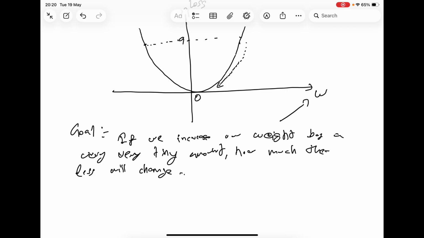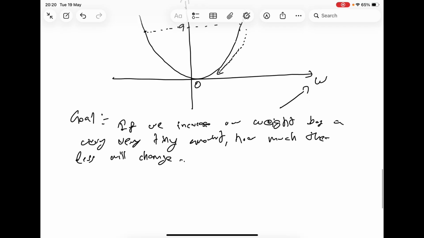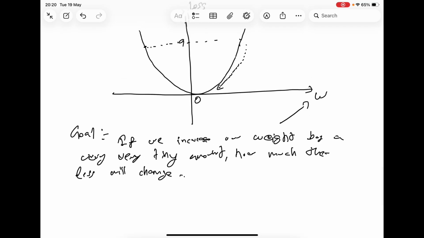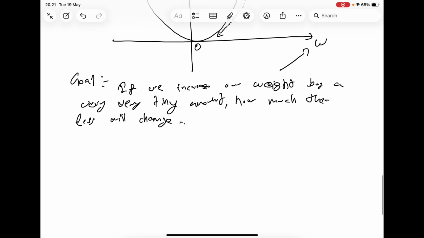To achieve this goal we need to use derivatives in maths. If I write this in maths, we need to find dL over dW. So we need to find, if I increase w by a very little amount, how much the loss will change, right?